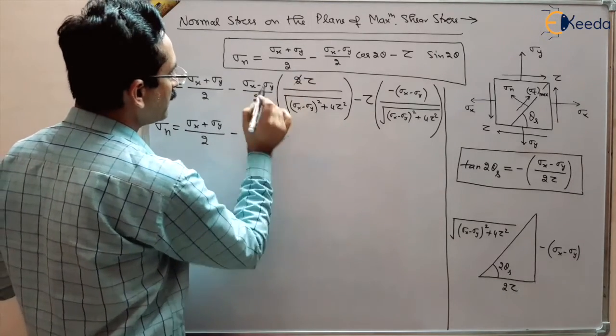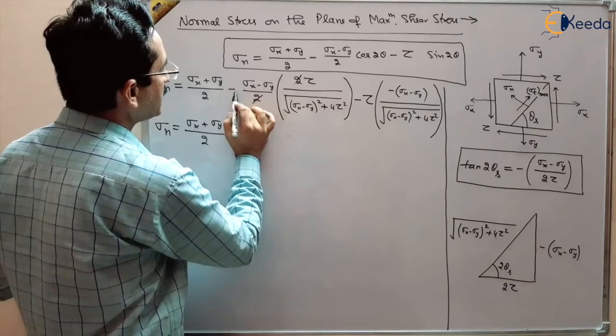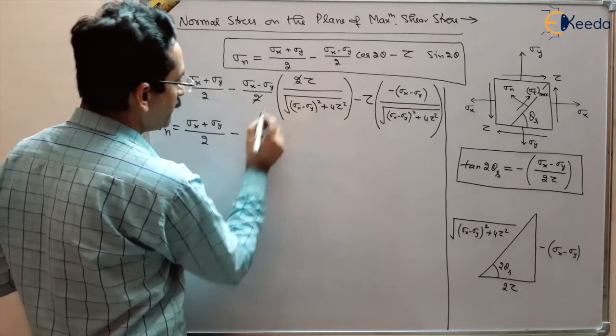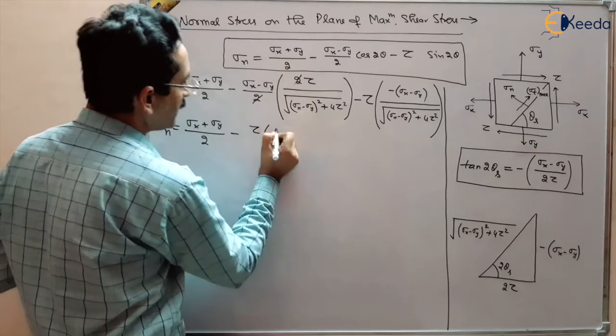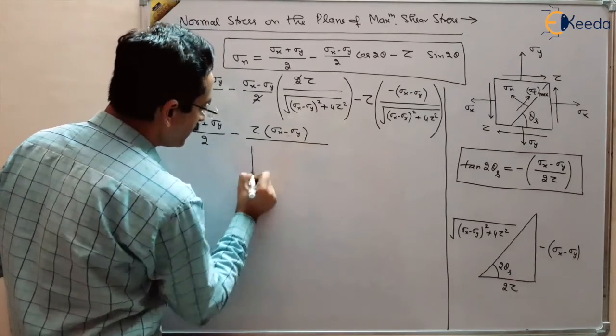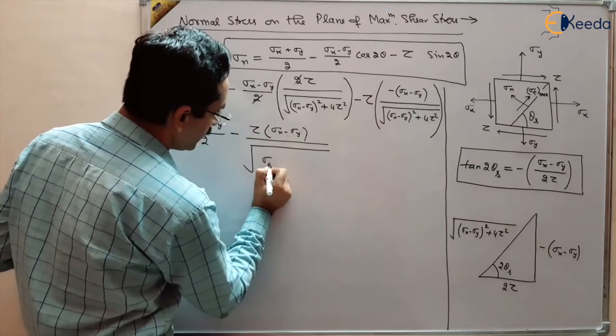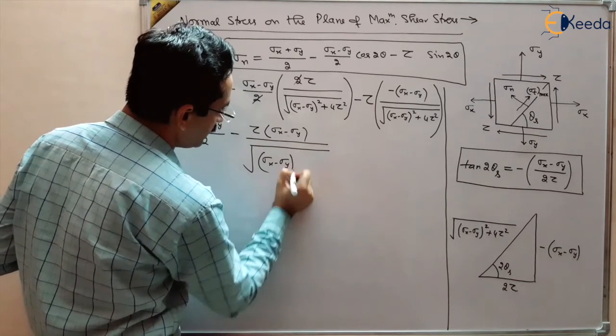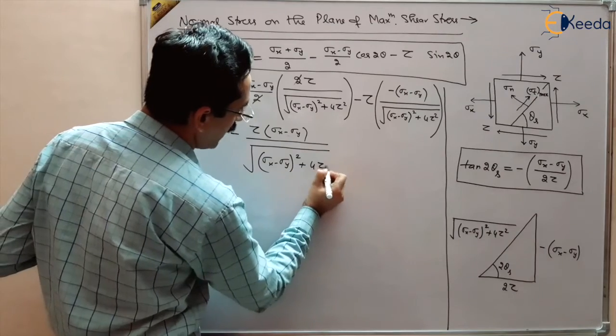What you are getting here is minus tau times (sigma x minus sigma y) divided by under the root (sigma x minus sigma y) whole square plus 4 tau square.